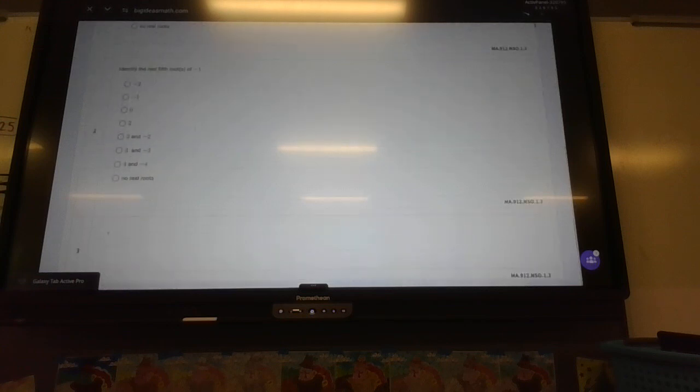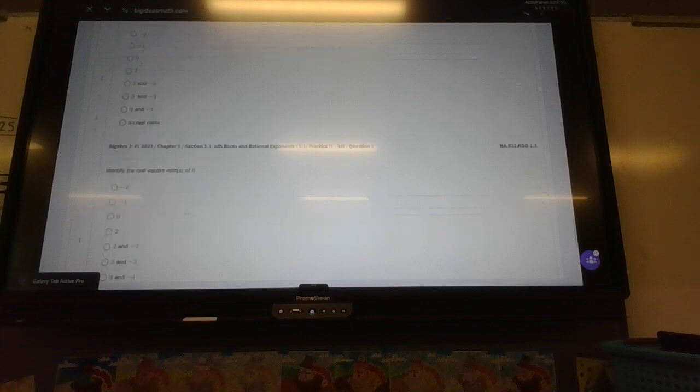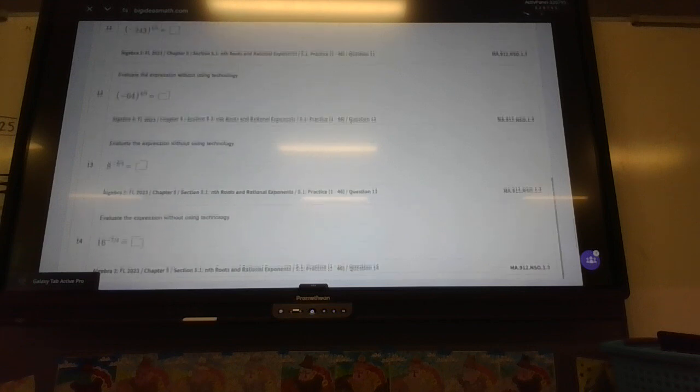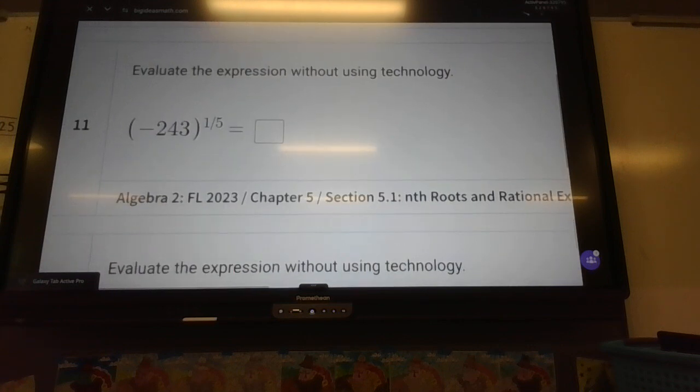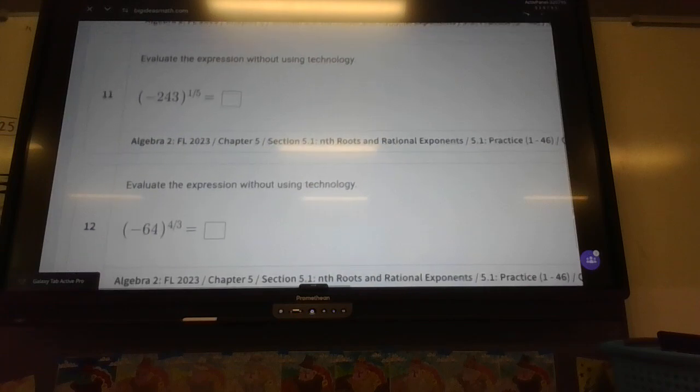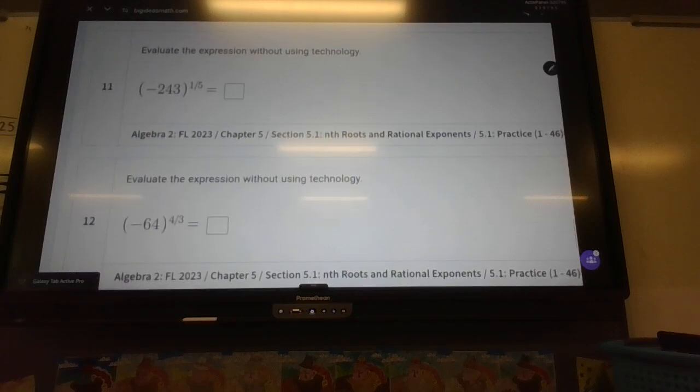It's loading. All right, we'll do 11 first, and I'll do 12 as well, and then I'll do 14, and then if anyone has any other requests.